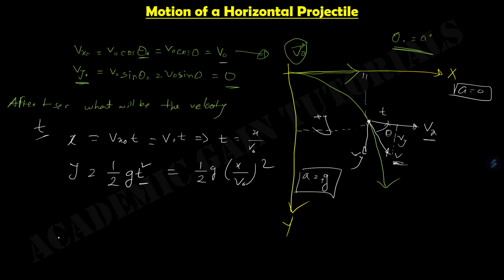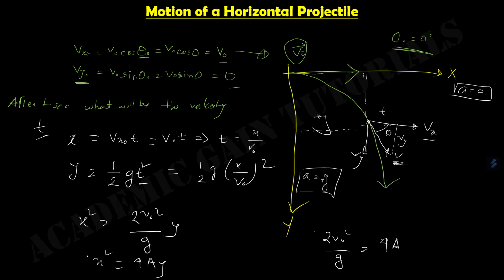From that we can write x square equals 2 v naught square by g into y. If I replace this 2 v naught square by g with 4a, it will look like x square equals 4ay, and this equation is known as a parabolic equation.